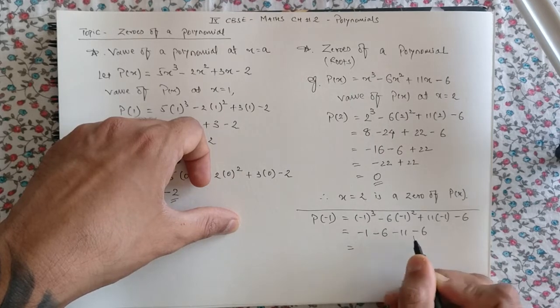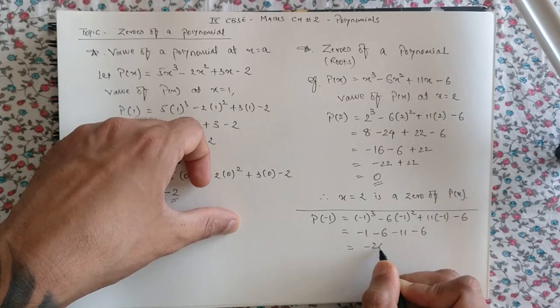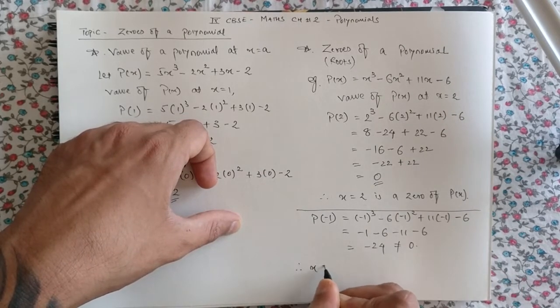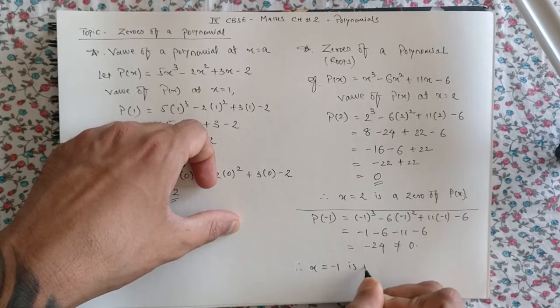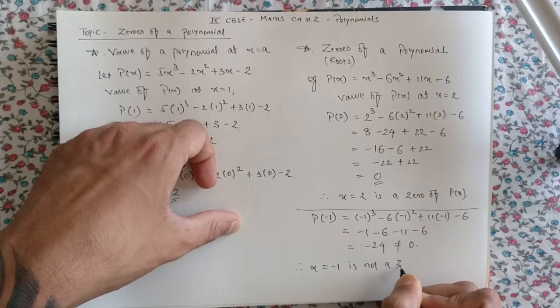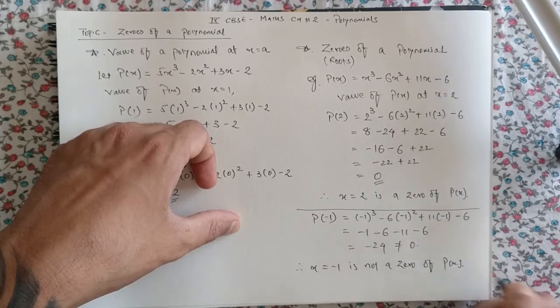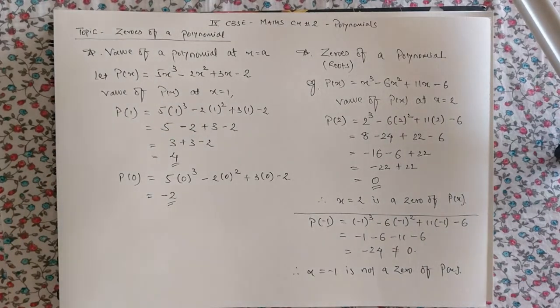If you solve this, you get -24, which is not equal to 0. Therefore, x is equal to -1 is not a zero of p of x.